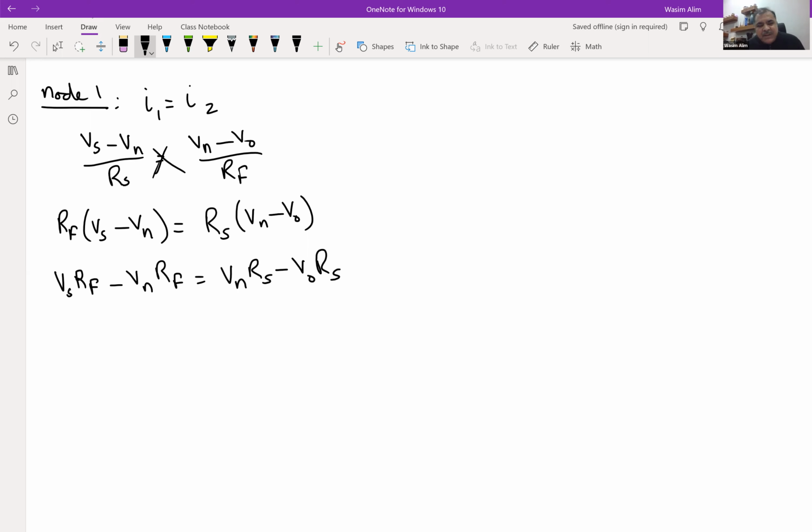If you combine the like terms, we can rewrite this equation this way.